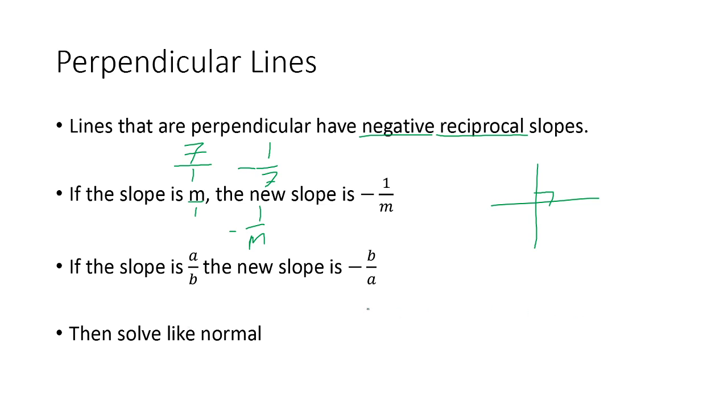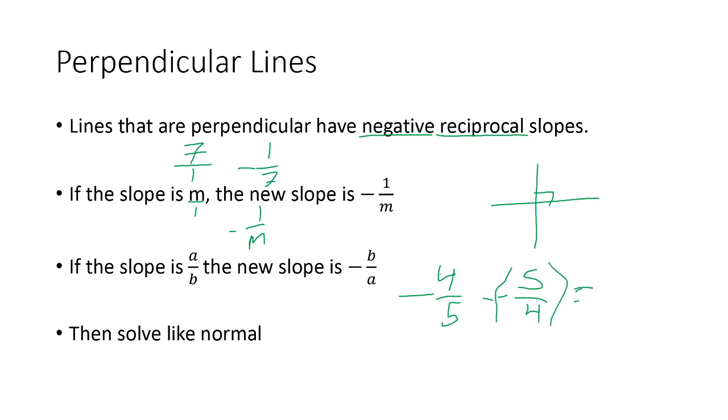One thing to point out. Let's say my slope was negative 4 over 5. When we flop this, we're going to get 5 over 4, or negative 5 over 4 when we take the reciprocal. But it's the negative reciprocal, so now we have to take the negative of that.